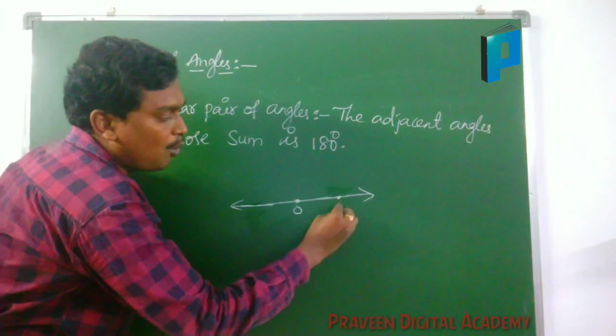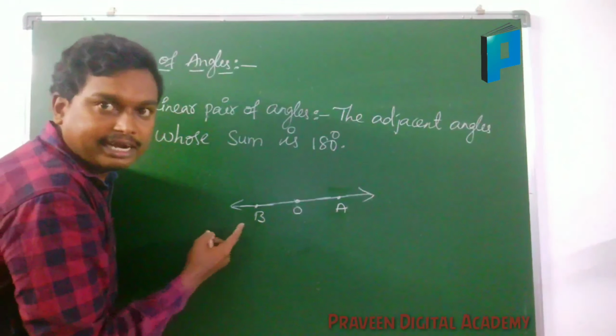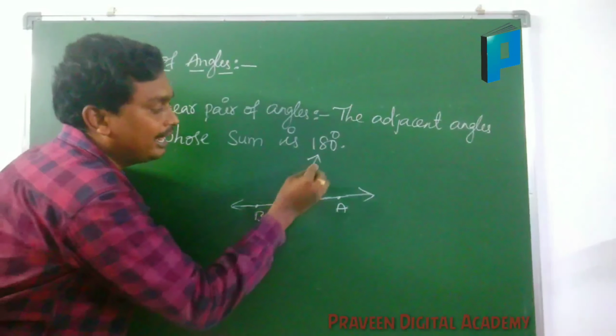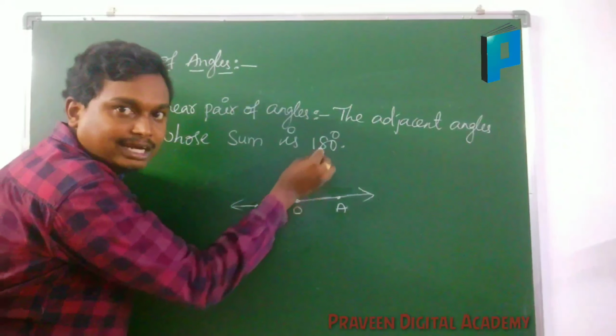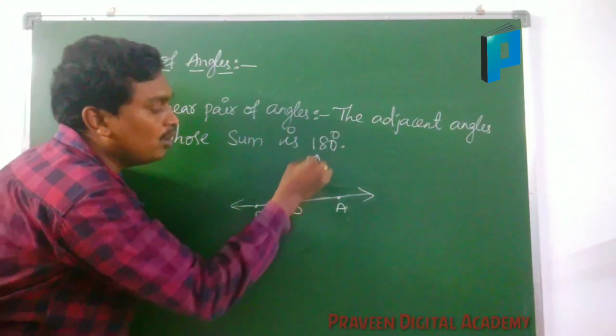Let us take OA as the initial ray, OB as the terminal ray, and a ray OC which is a common ray for AOC and BOC.